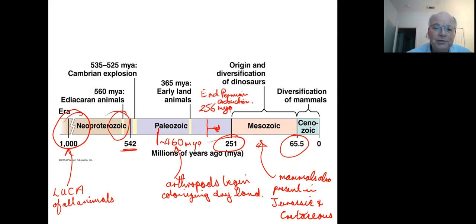In the Cenozoic, of course, with the loss of the dinosaurs, we have mammalian adaptation and diversification in response to that. It doesn't happen immediately. It takes about 10 million years for mammals to really start to diversify, but nonetheless, it begins with the loss of the dinosaurs and the loss of the other competing reptiles.